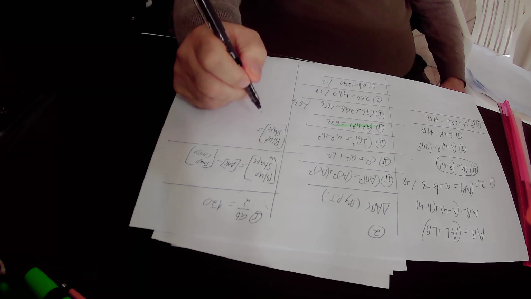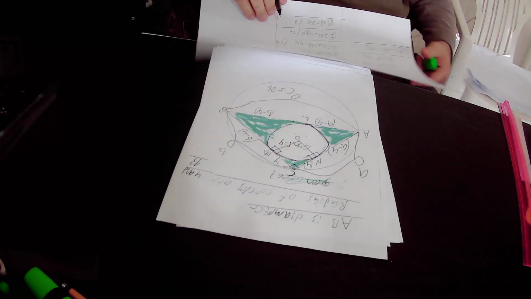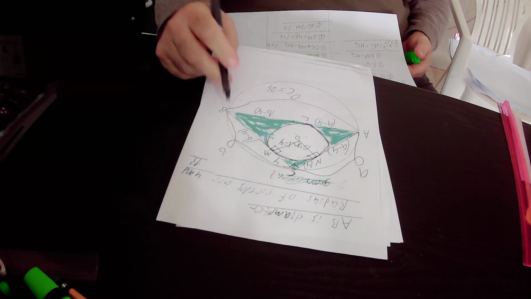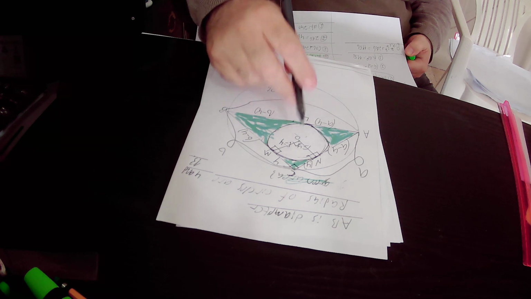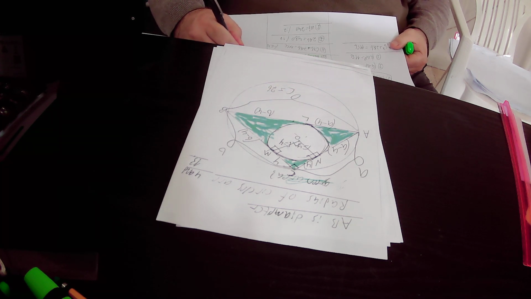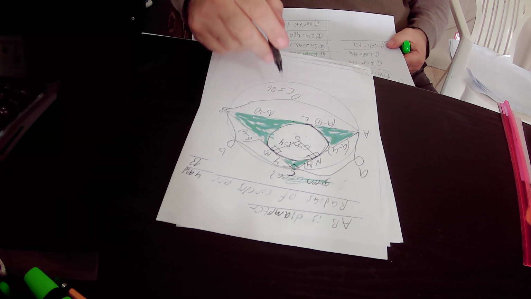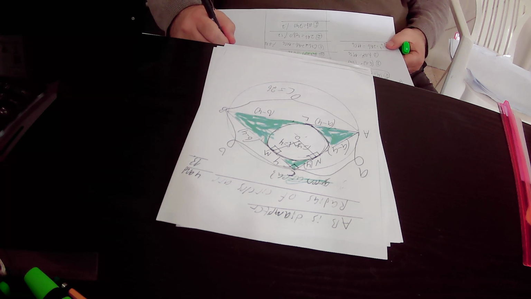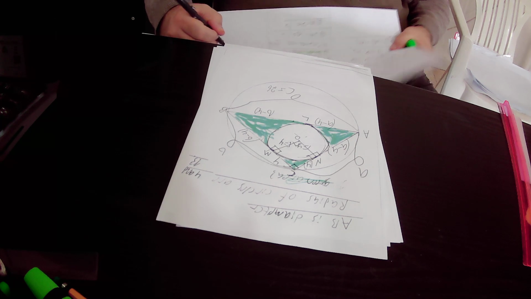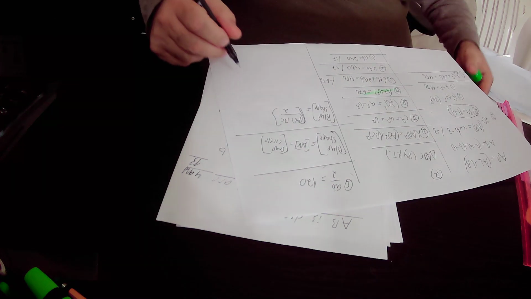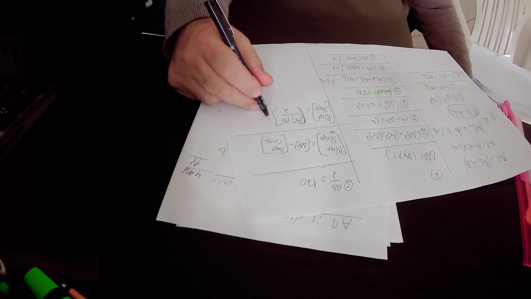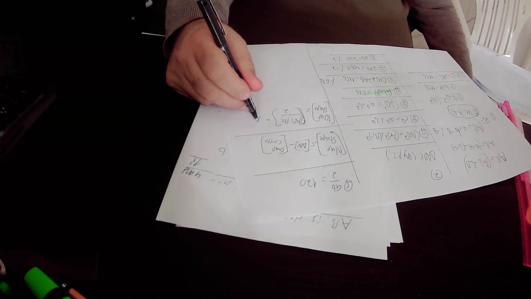The area of triangle ABC equals the base of the triangle, that is AC, times the height to the base, that is CB, over 2. Minus the area of the small circle, that is equal to pi r squared.